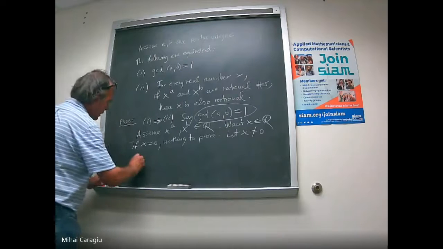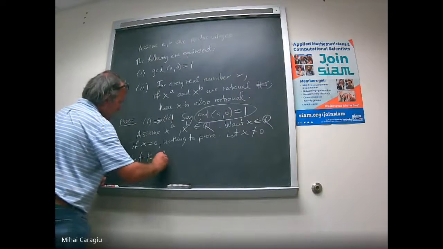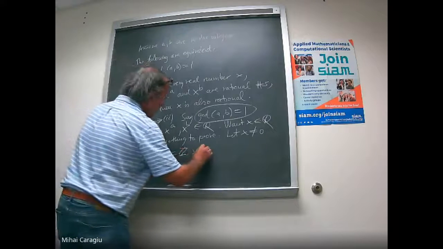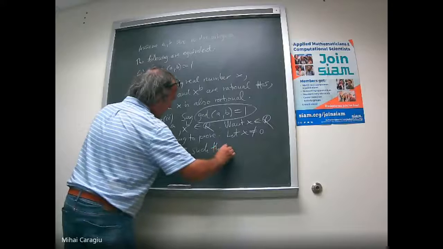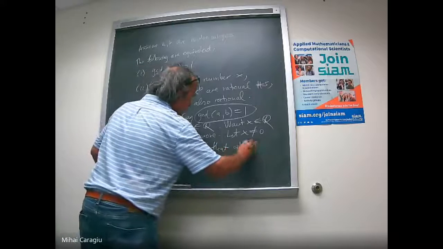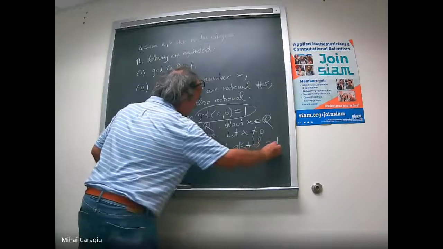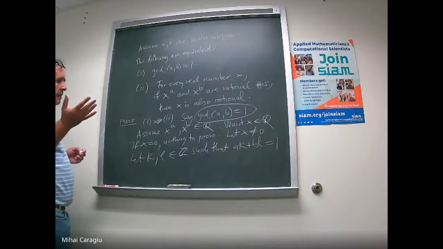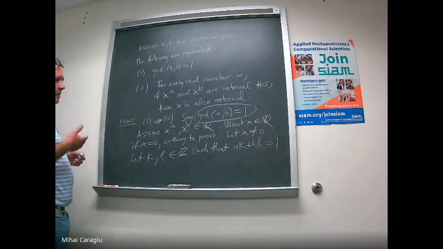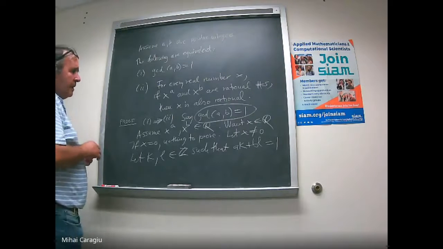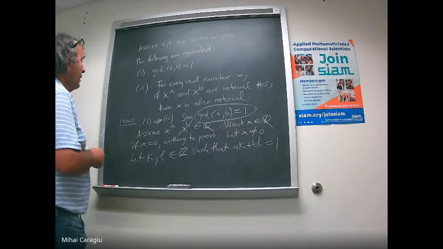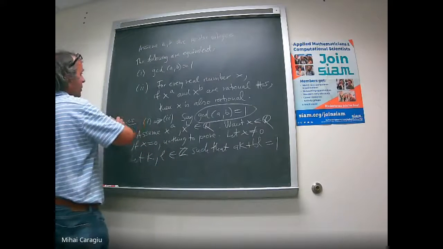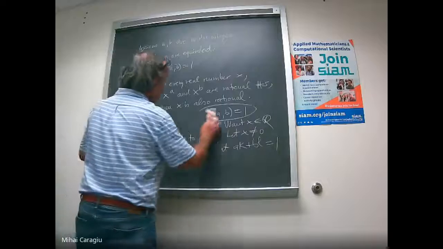So let K and L be two integers such that AK plus BL equals 1. The existence of those numbers K and L is guaranteed by the extended Euclidean algorithm. Okay. So let's try to get some space here.